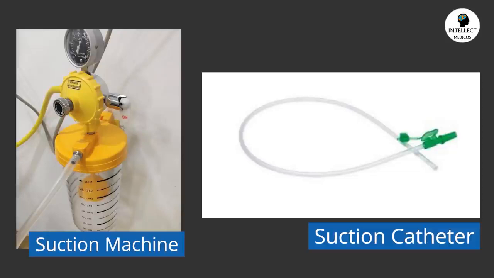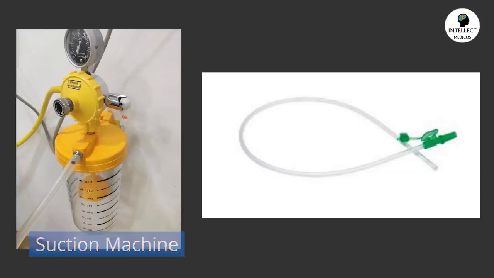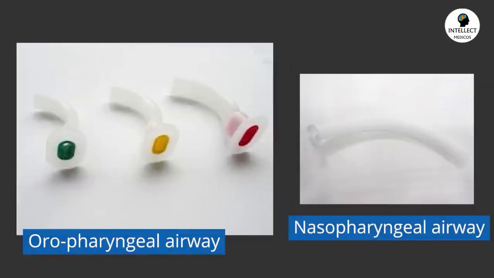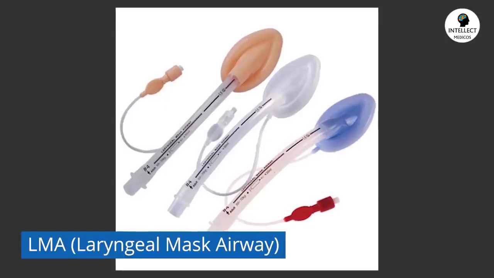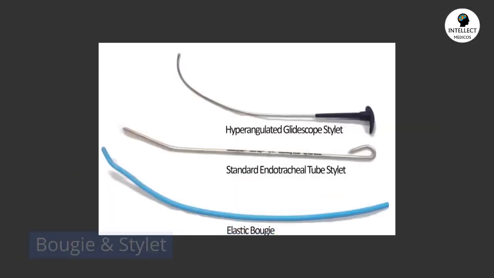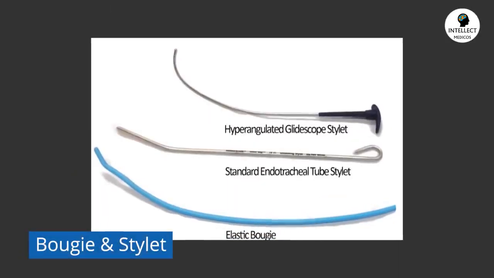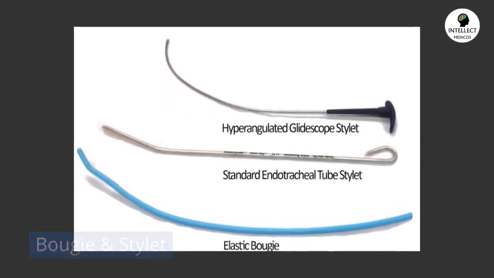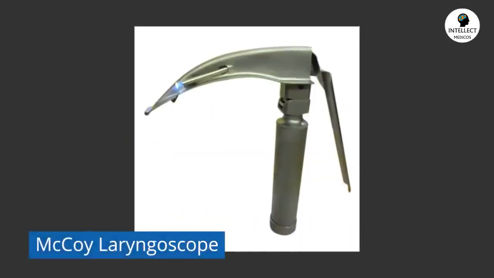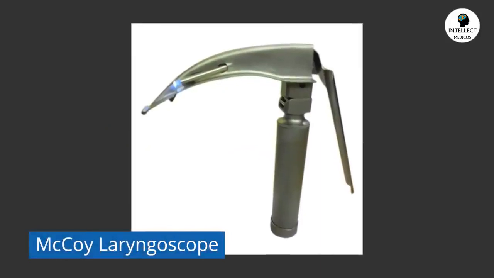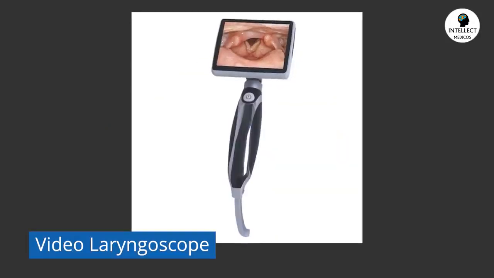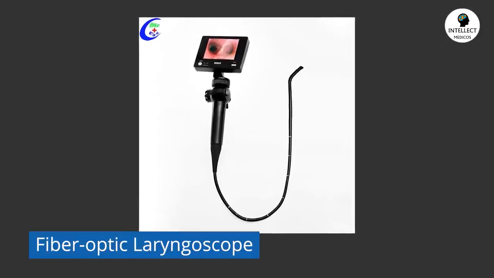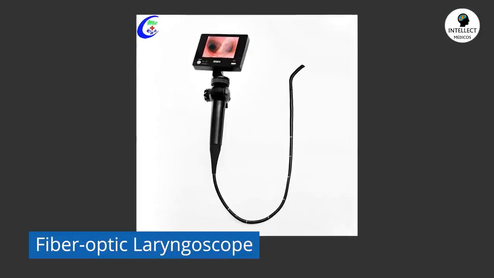In that, along with these equipments, we keep different sizes of oropharyngeal airway, different sizes of nasopharyngeal airway, LMA, that is laryngeal mask airway, a bougie and a stylet, and you can keep a different type of laryngoscope called McCoy, and if available you can also have a video laryngoscope and fiber optic. I'll cover all these topics in my next video on difficult airway.